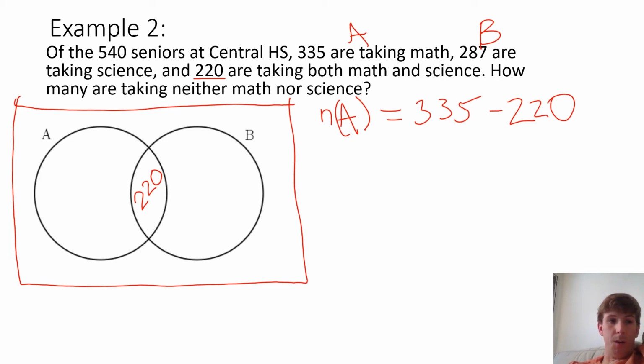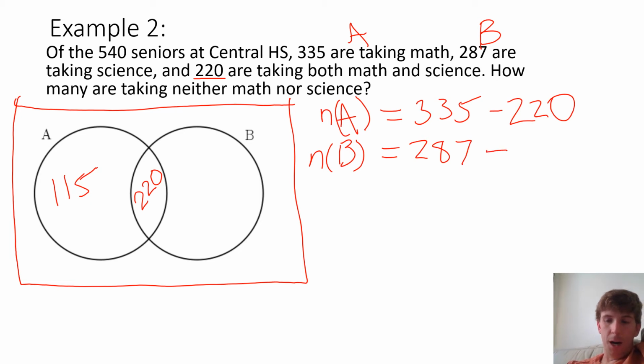Sorry, that would get me 115. And that's the number that are just taking math, but not science. Do the same thing for set B. So this would be 287 minus the overlap of 220, which would get me the 67. And those are the people that are taking just science.